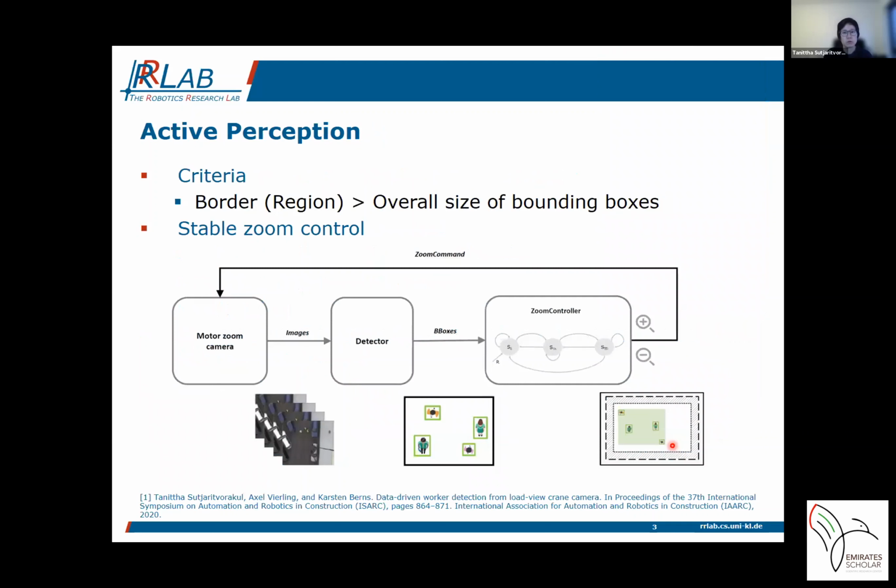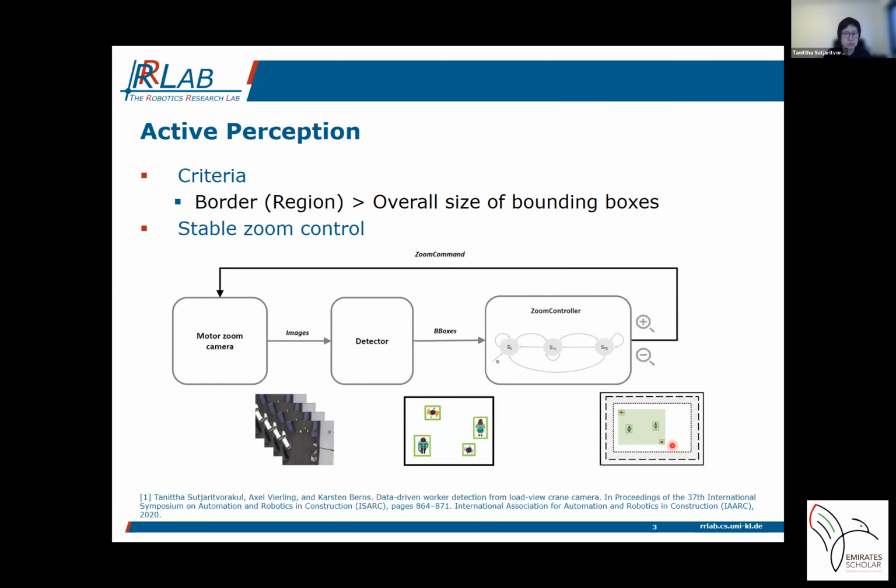Therefore, in this work, we introduce an automatic zoom control approach to avoid further data gathering and extensive retraining. The zoom adaptability method of the load view crane camera is able to support the deep learning algorithm, specifically in the high scale variance problem.